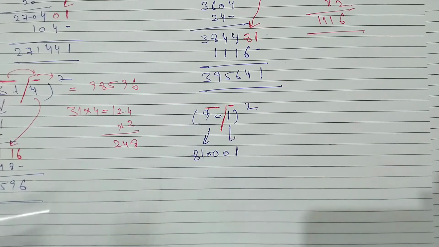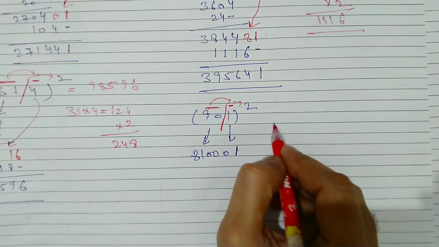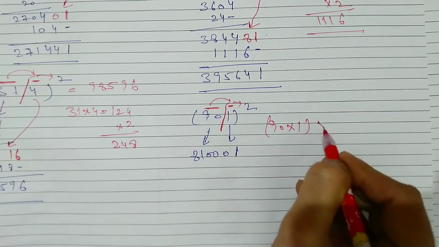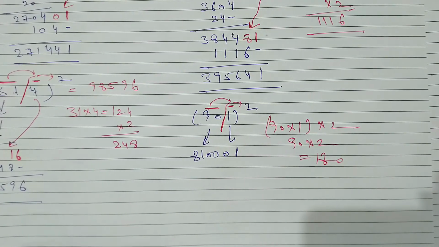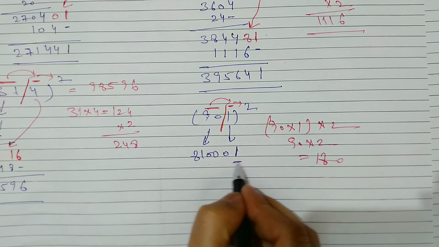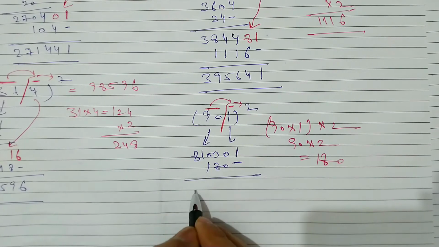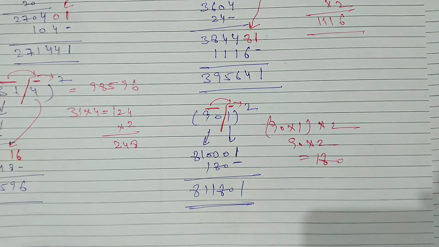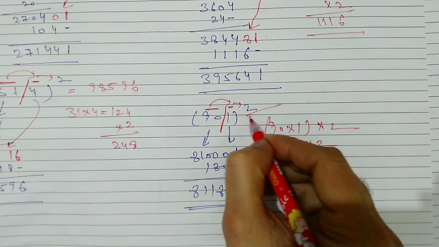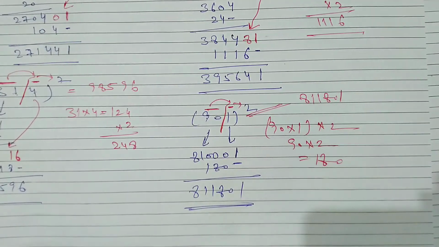Now 90 into 1 into 2 means 90 into 2 equals 180. Write 180 over here. We get 811801. So the square of 901 is 811801.